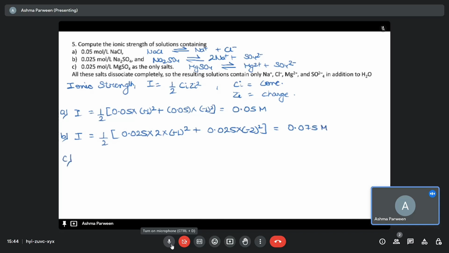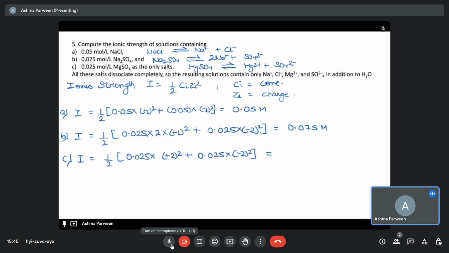So next is for MgSO4. So half into concentration is 0.025. Charge of magnesium is +2, so +2 whole square, plus sulfate concentration is 0.025 into -2 square.